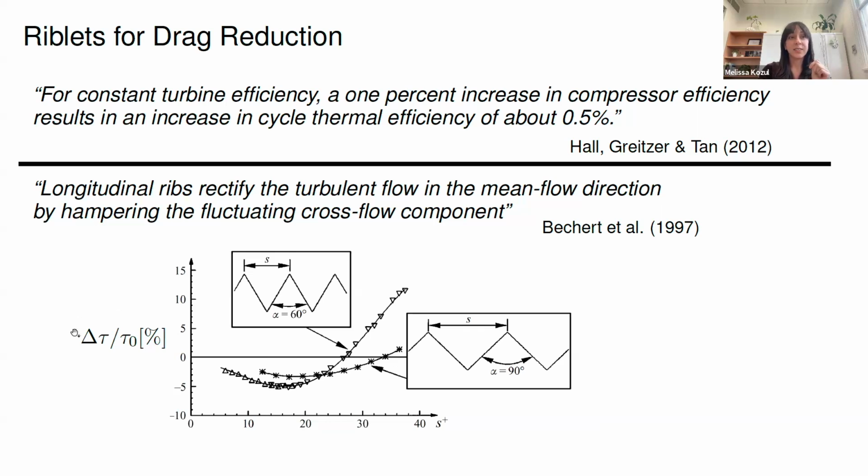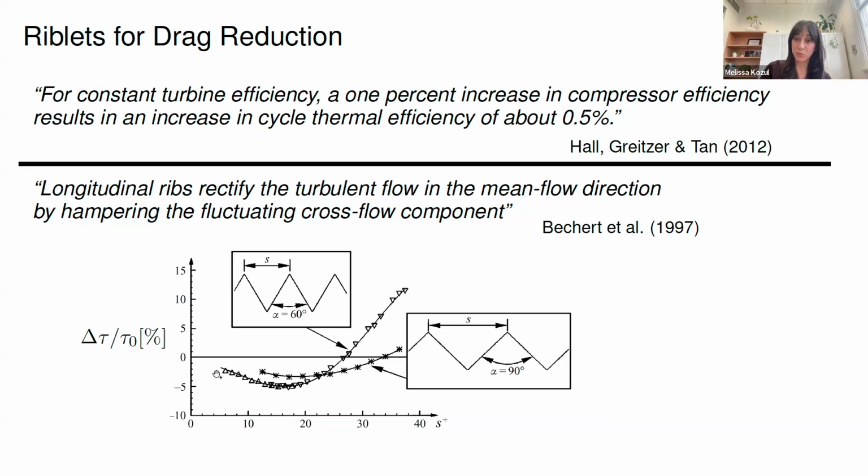Now, this is a measure of the decrease in drag over the surface. From these fundamental fluid mechanics studies where they swept through many different riblet geometries and many different riblet spacings, we know that if the riblets are spaced too far apart, they become too large and they're an obstacle to the flow. So they will tend to increase the drag. That's not what we want.